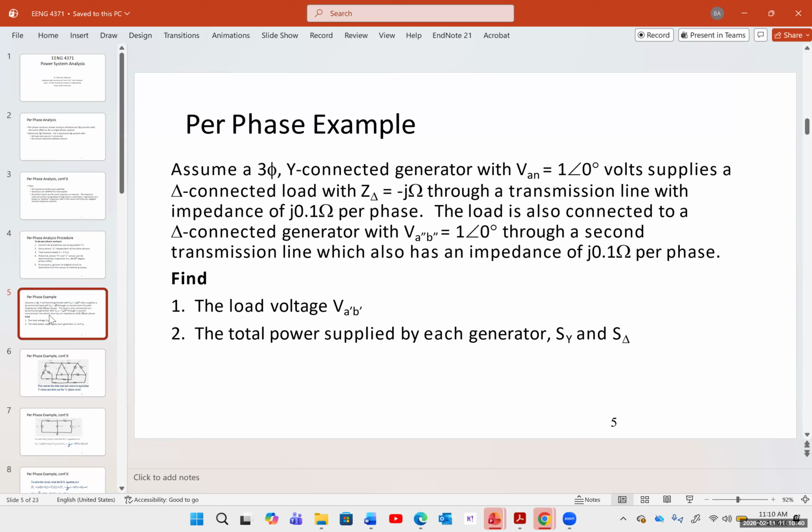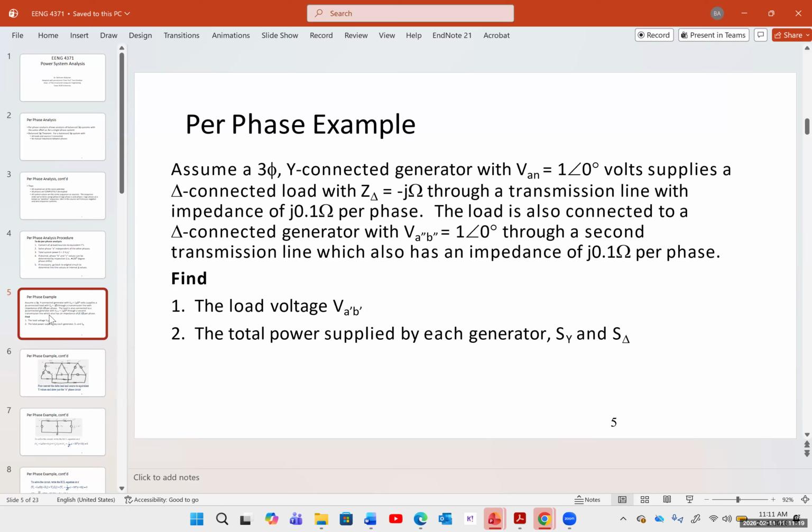Now, let's solve a per phase example. This gives us a good picture of how we do a per phase analysis. For this example, we assume we have a three-phase Y-connected generator with VAN of 1 volt at 0 degrees, which supplies a delta-connected load with Z delta of negative j ohms through a transmission line with an impedance of 0.1j ohms per phase.